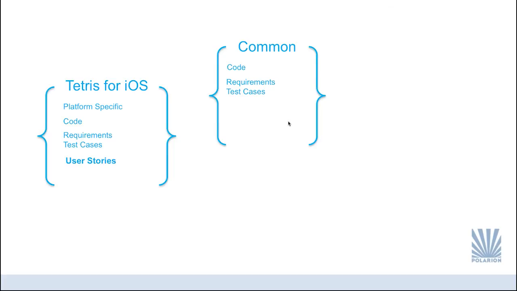If there is just one team working on Tetris for iOS, the fact that there is something in common is not really important to describe the overall process of getting the application ready. So here we track all the activities that have to be done to develop the final product.